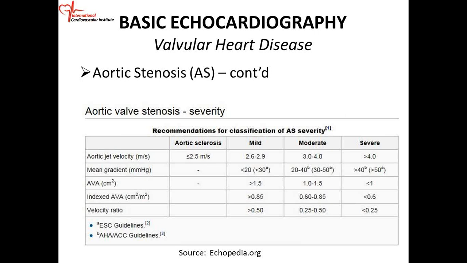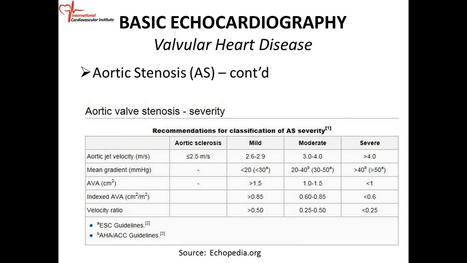Okay? And you just have to memorize these figures. If the mean gradient is greater than 40 millimeters mercury, it suggests severe aortic stenosis. If the aortic valve area is less than 1 centimeter squared, it suggests severe aortic stenosis.